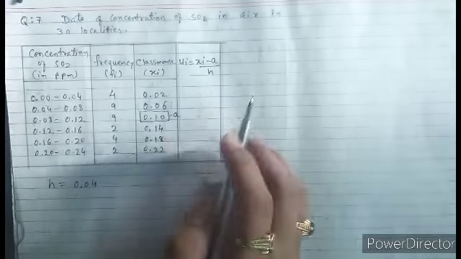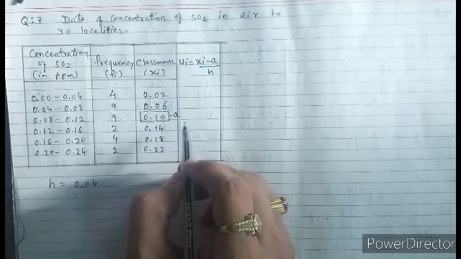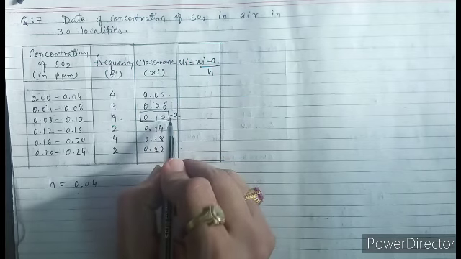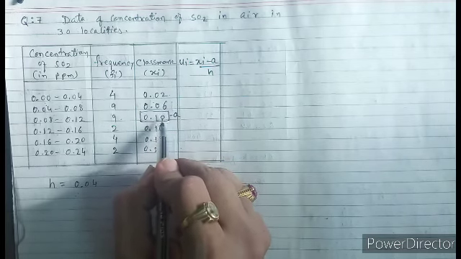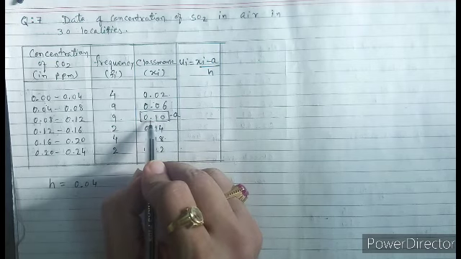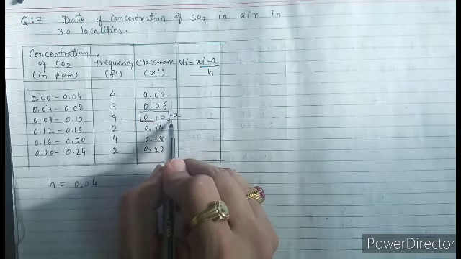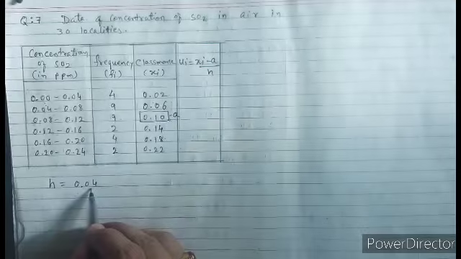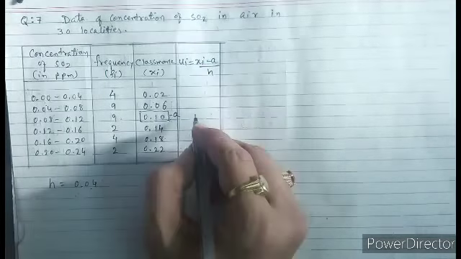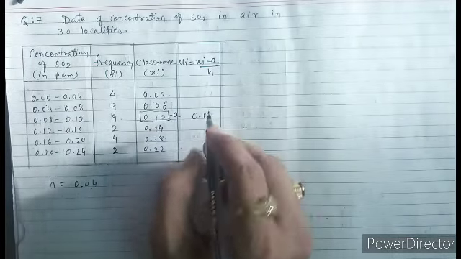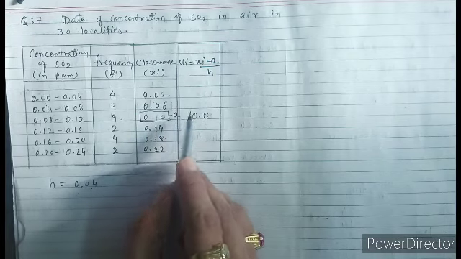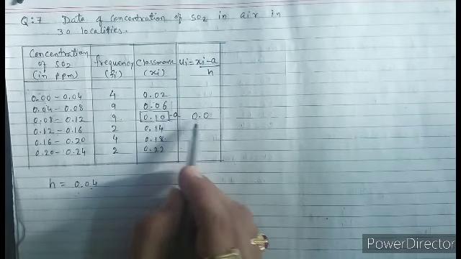Now to get ui, we know that it is xi minus a upon h, and we will start from A. Here xi is 0.10, a is also 0.10. So 0.10 minus 0.10 is 0, divided by h, 0.04, that will be 0. Always the number ui in front of a will be 0.